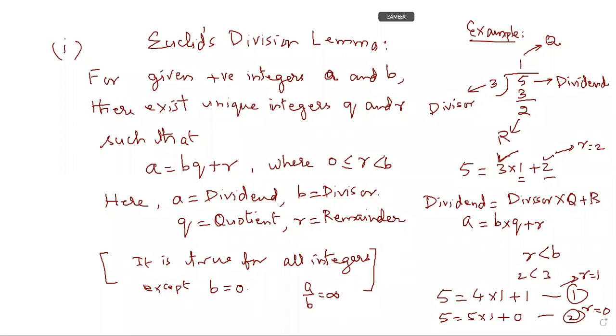So there are some steps that we have to follow to find the HCF of two numbers. Those steps are called Euclid's division algorithm. Now I am going to show you Euclid's division algorithm.